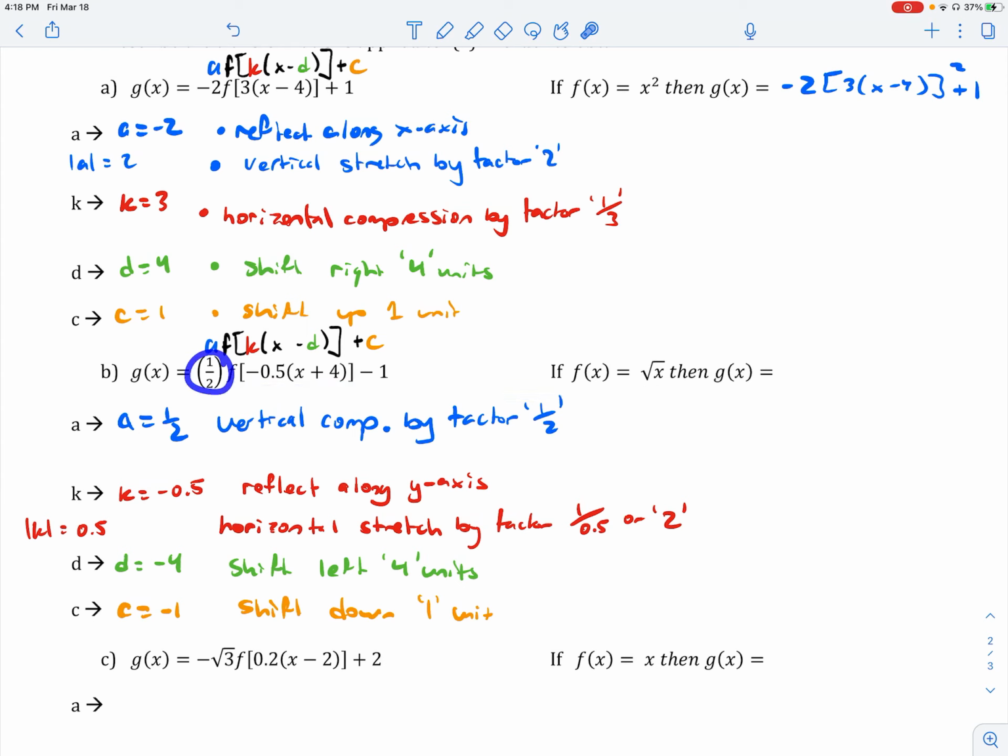And then these will be outside. Okay, so we'll have 1/2, and then the square root, negative a half, x plus 4. And then outside of that, we have minus 1. So that's it. That's my equation for g of x.